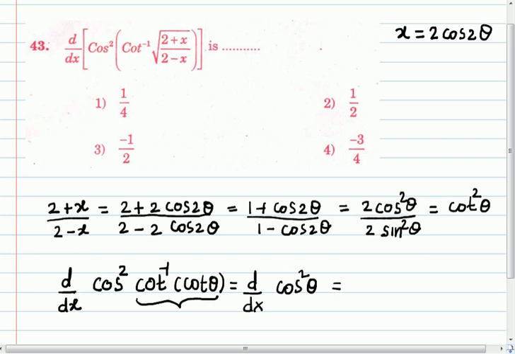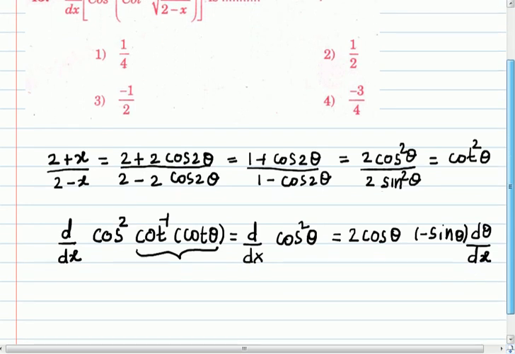So what is differentiation of cos square theta with respect to x? If you differentiate we'll get, this is very important, 2 cos theta, and differentiation of cos theta is minus sin theta into d theta by dx. This is very important, into d theta by dx.